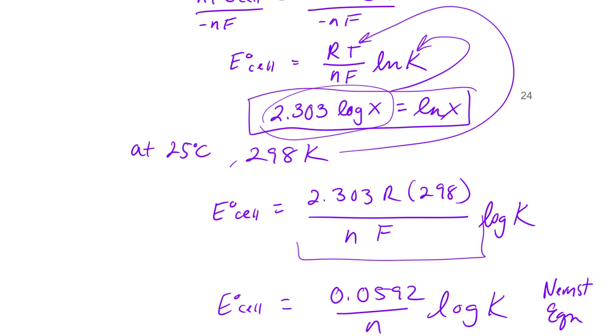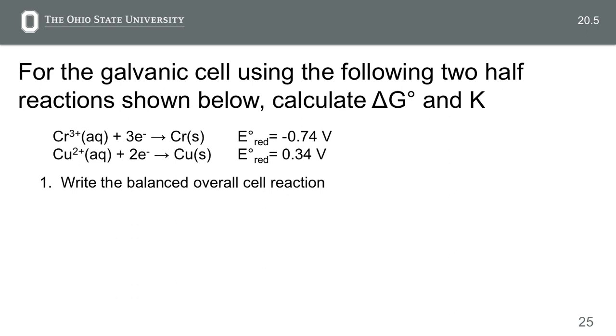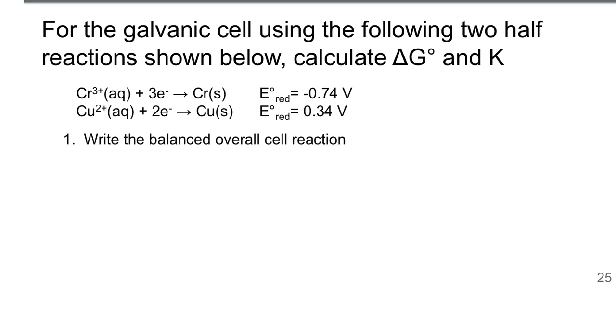Other things? Okay. All right, so let's do an example. We have a galvanic cell that has these two half reactions. There's a chromium half reaction and a copper half reaction.